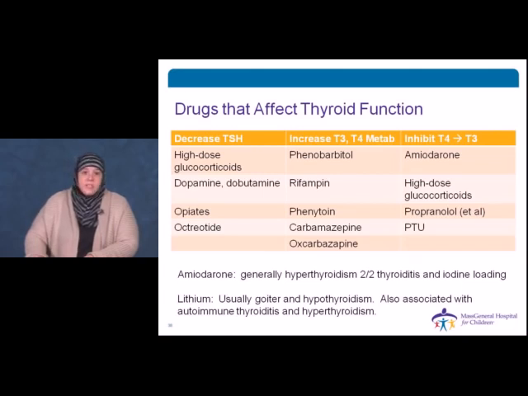Two primary medications that I wanted to mention especially that often affect thyroid function are first amiodarone, which typically causes hyperthyroidism secondary to thyroiditis and iodine loading, and secondly, lithium. The usual effects of lithium are goiter, possibly autoimmune thyroiditis, and hypothyroidism. In rare cases, though, lithium can also cause hyperthyroidism.